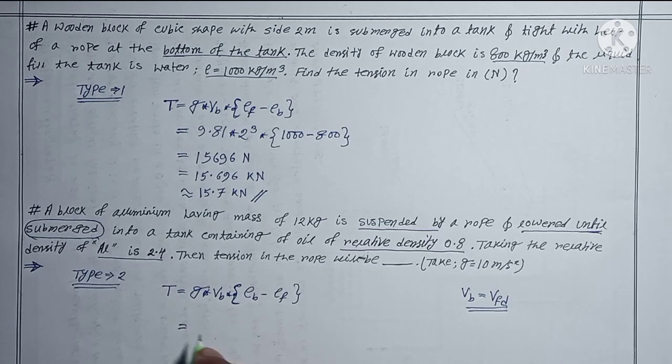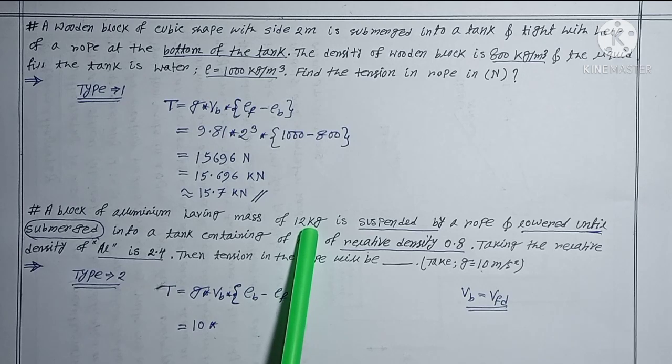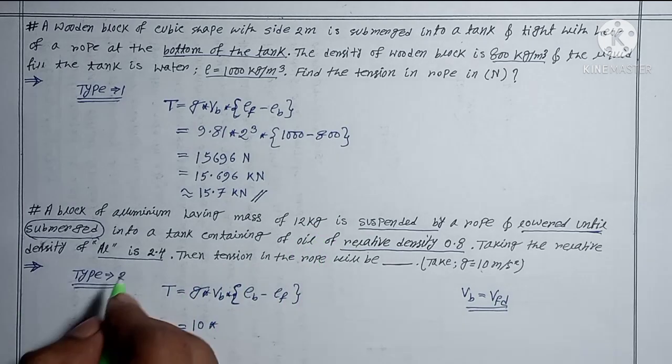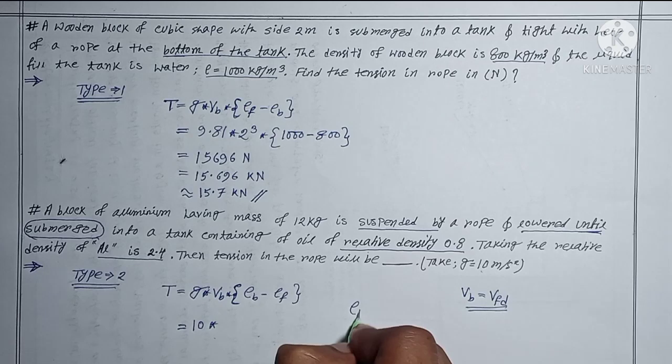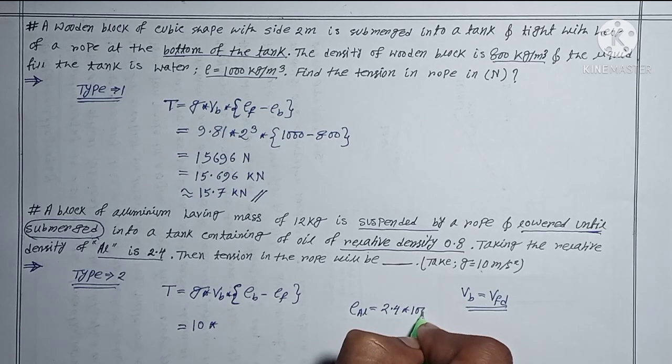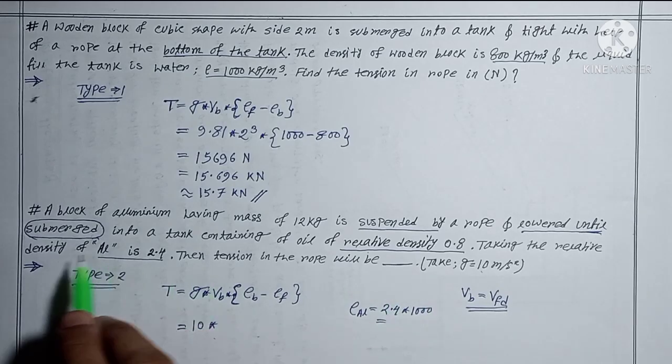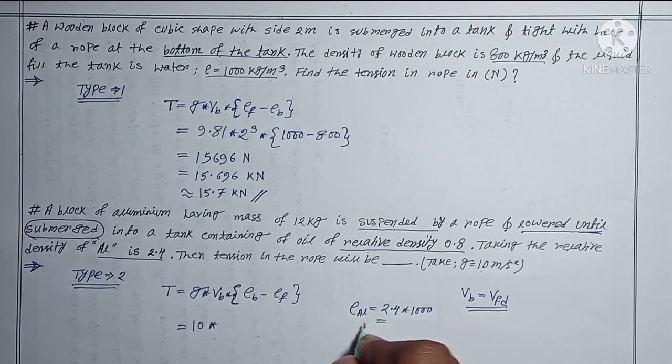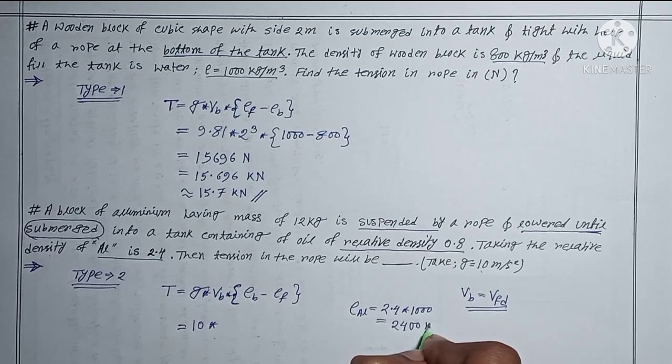Now let's apply it. Here the G value is provided, it is 10. Now volume, they do not directly provide the volume, but they provide the mass. If you carefully observe, the density of aluminium is nothing but 2.4 into 1000. This is given as relative density, so if you want the density you have to multiply by 1000, so 2400 kg per meter cube.